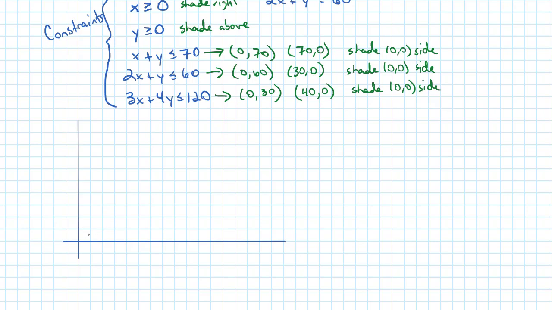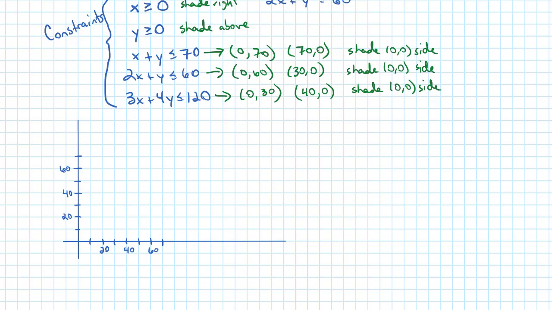So that's 10, 20, 30, 40, 50, 60, 70. That's about as big as we get.